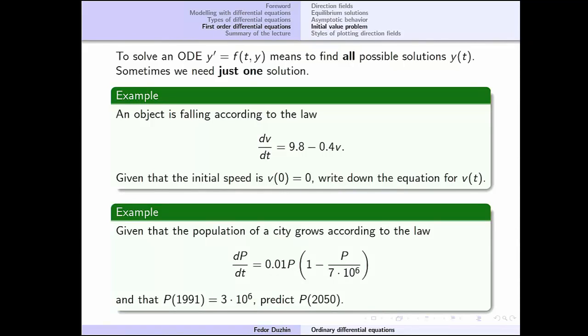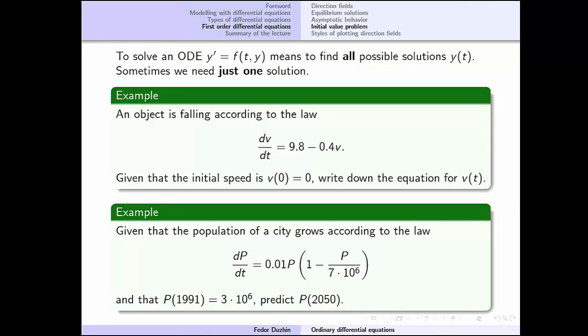Or suppose that the population of, say, a city like Singapore grows according to a certain law. Here I use the same equation as I set up for bacteria, but it probably makes sense for Singapore too. The equation tells us that the initial population is 3 million, and the limiting population, the theoretical limit when t goes to infinity, is 7 million.